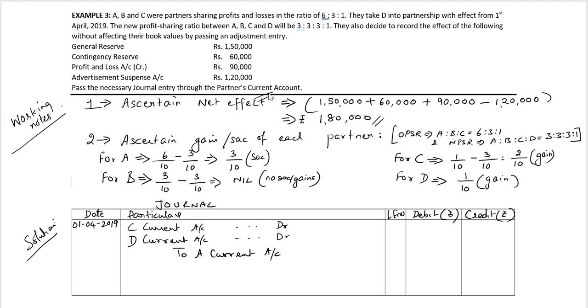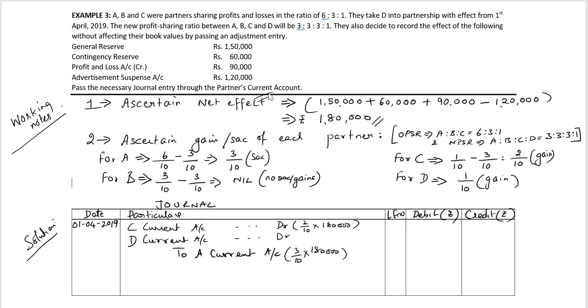Now, to get the amount which has to be debited or credited to each partner, we need to take the amount of the gain or the sacrifice and multiply it into the net effect. So in the case of A, it's 3 by 10 multiplied by 1,80,000. In the case of C, C's gain is 2 by 10 multiplied by 1,80,000.